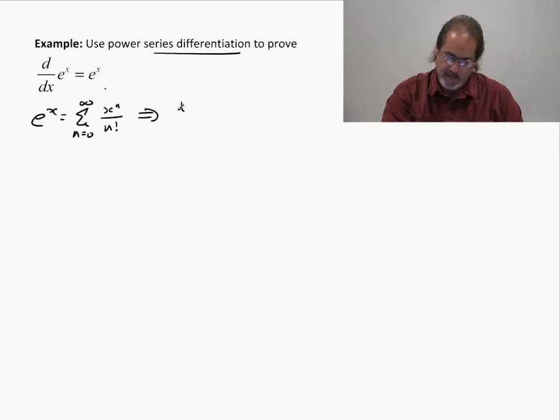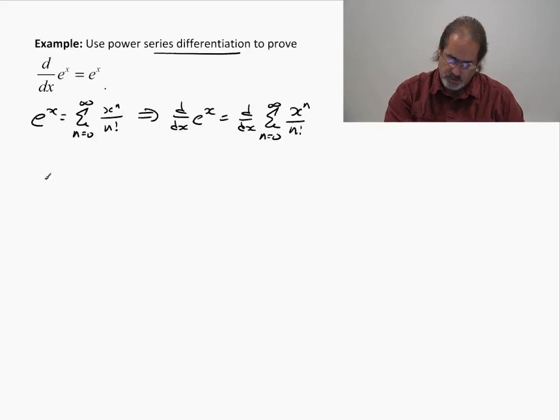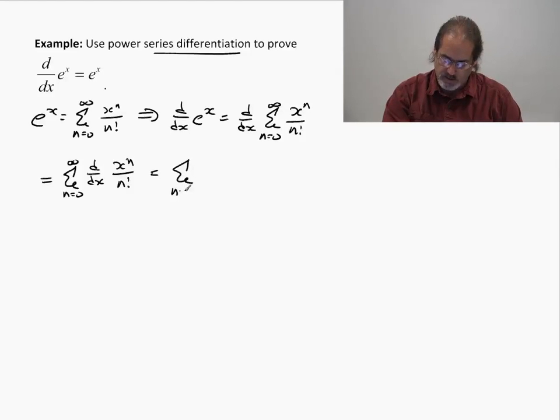That would then imply that d dx of e to the x is equal to d dx of the sum, n equals 0 to infinity, of x to the n over n factorial, which is, of course, equal to the sum, n equals 0 to infinity, of d dx of x to the n over n factorial, which is equal to the sum, I'm going to write it this way just this one time, n equals 0 to infinity, of n times x to the n minus 1 over n factorial, which of course n equals 0 is going to wipe it all out.